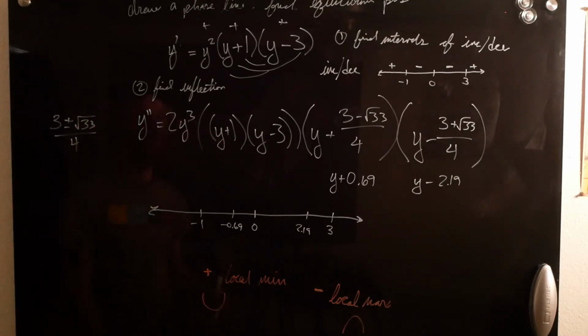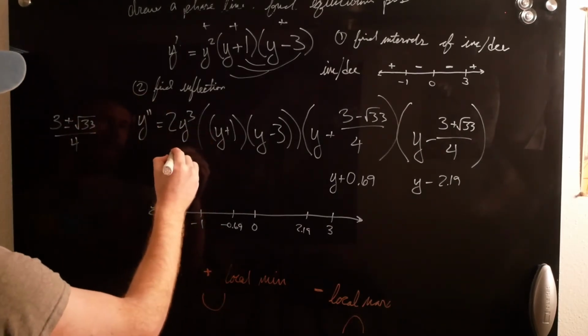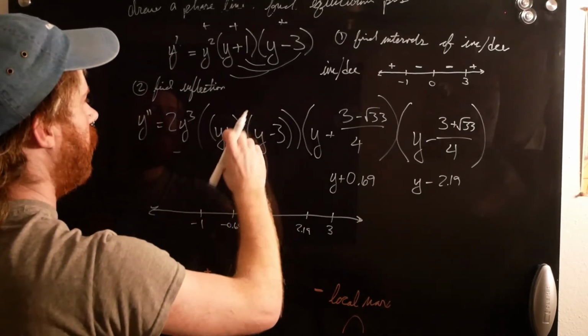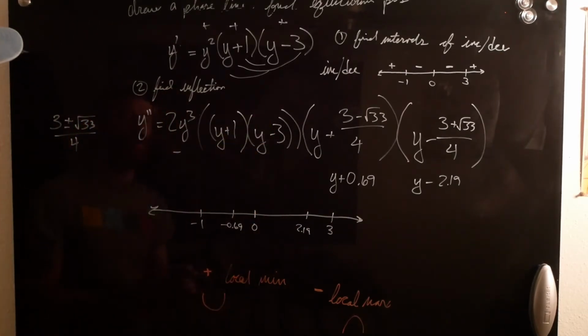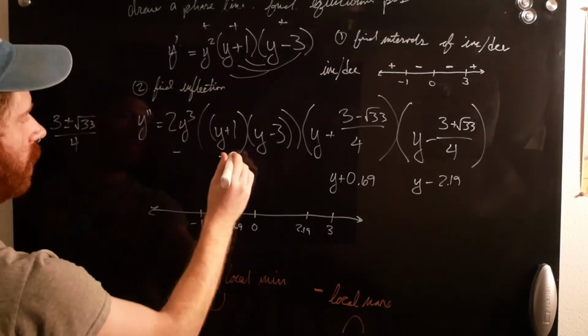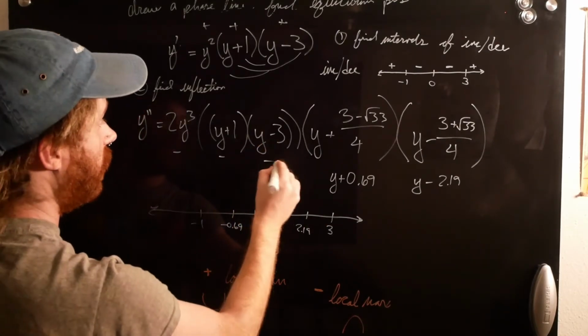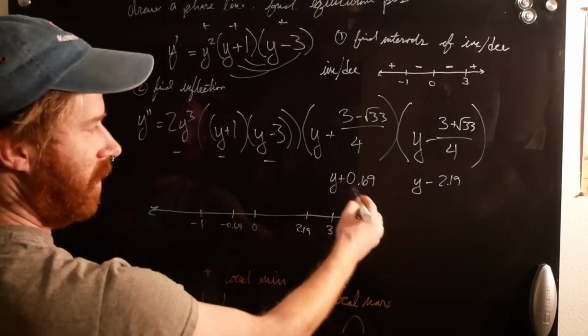Okay. So now, negative 2, well, this becomes a negative, right? This is y plus 1, but it looks like parentheses, okay? So negative 2 plus 1, that's a negative. Negative 2 minus 3, that's a negative. This is where using decimals comes into play.